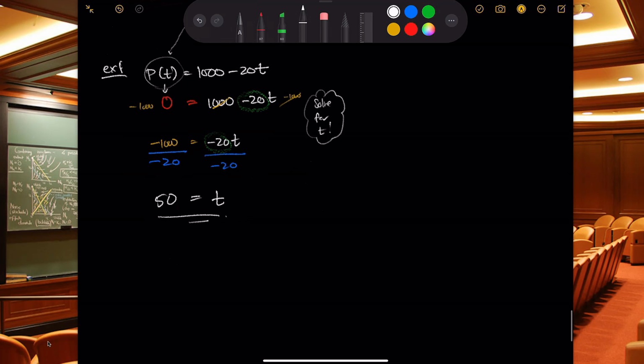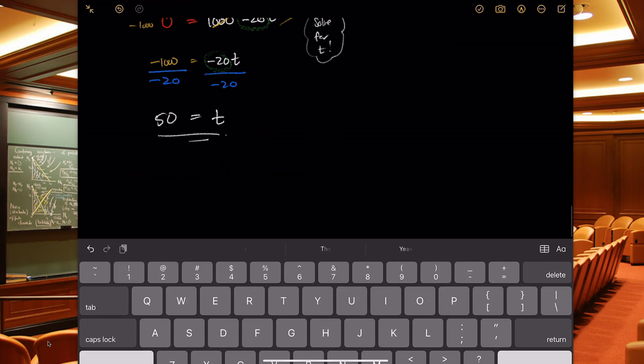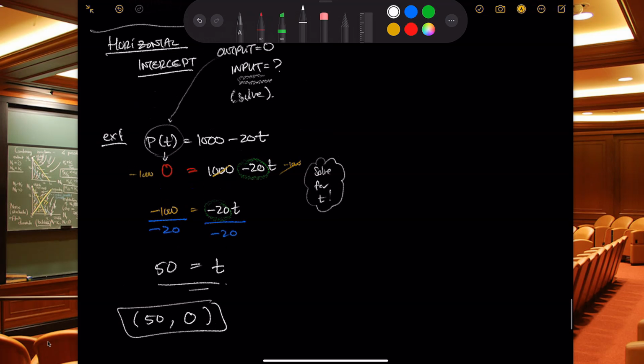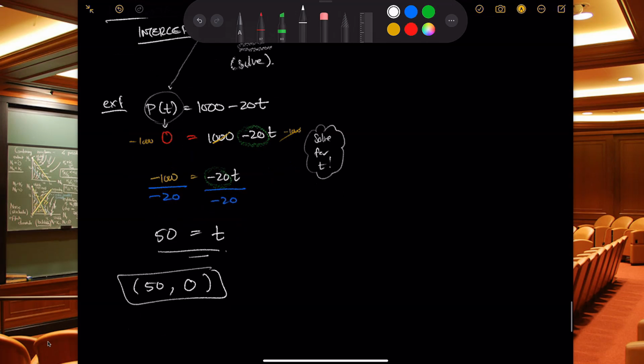So then the horizontal intercept is 50, comma, what's my output again? 0. That's what it is for example 1. What were the units here? 50 years, 0 people.